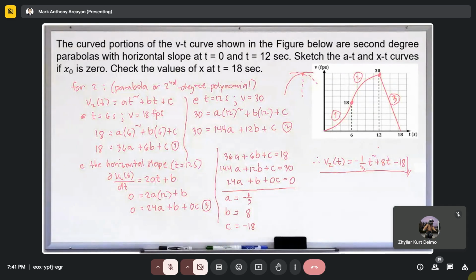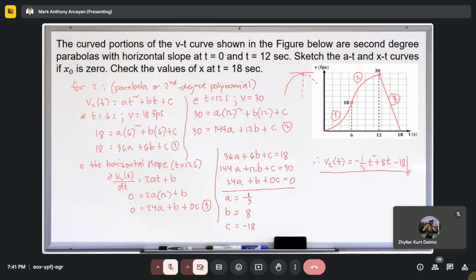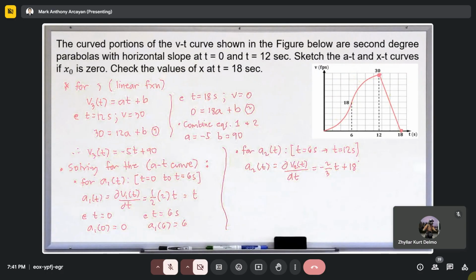Taking the first derivative of this, that is negative 2/3 t, then plus 8. This is now the acceleration function for our second velocity, which is still linear, the same with the first acceleration function.